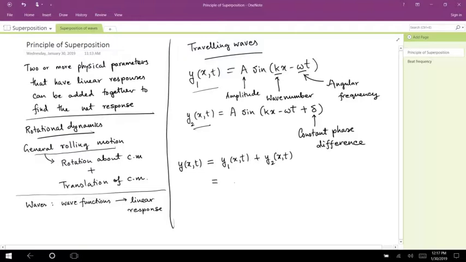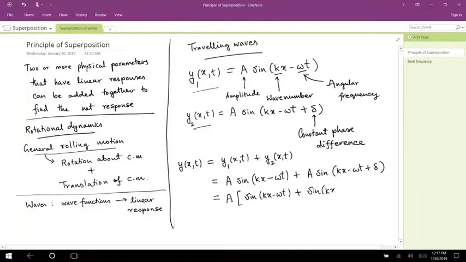So that will be equal to the sum of the wave functions: A sine kx minus omega t plus A sine kx minus omega t plus delta. I can factor out the A, and so I have A times sine of kx minus omega t plus sine of kx minus omega t plus delta.